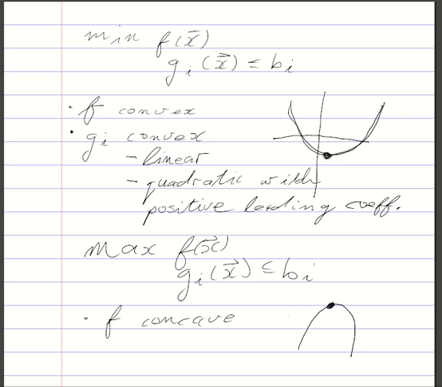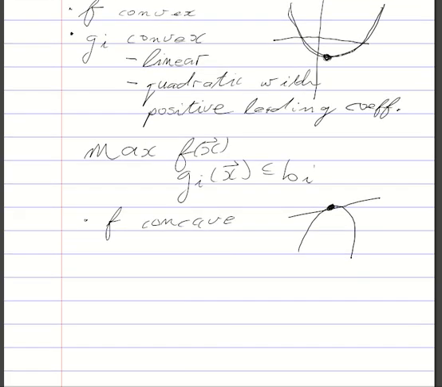So you will be able to get a proper maximum there. Now you might expect that in this case you would have that the gi would be concave, but this is still a convex optimization technique, and so it is still necessary that the functions gi all be convex.